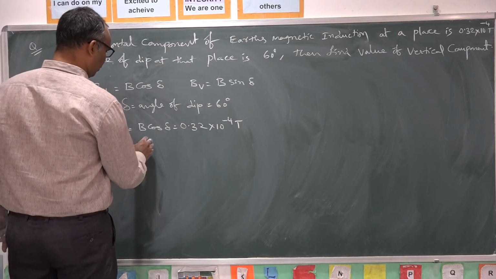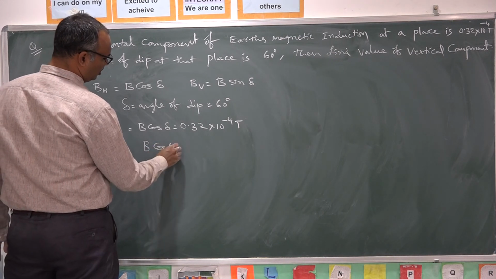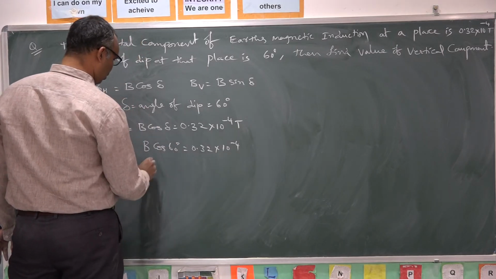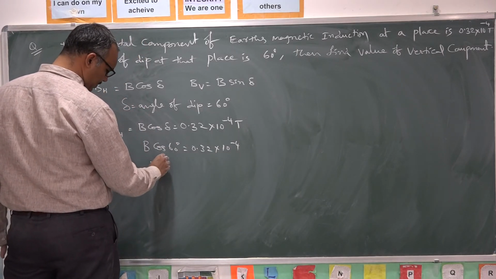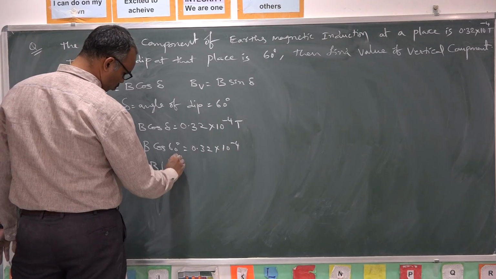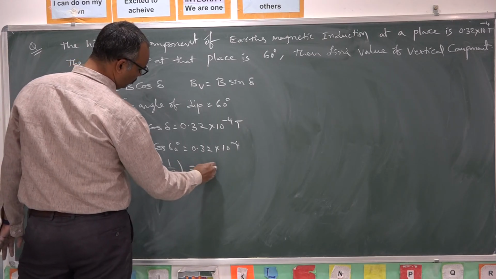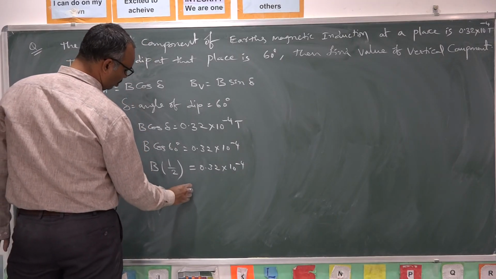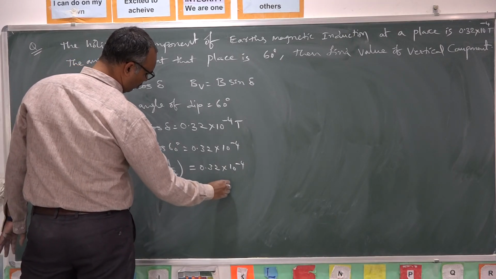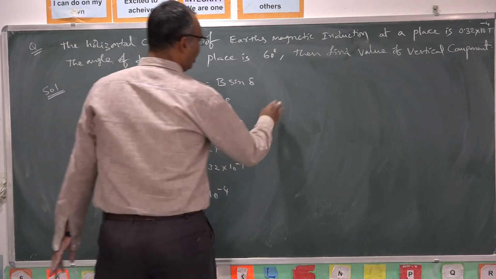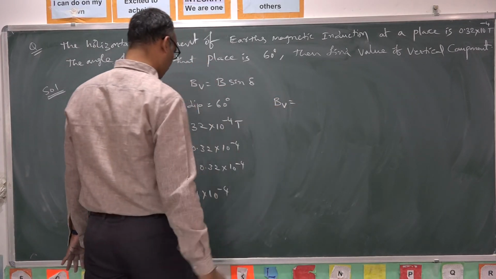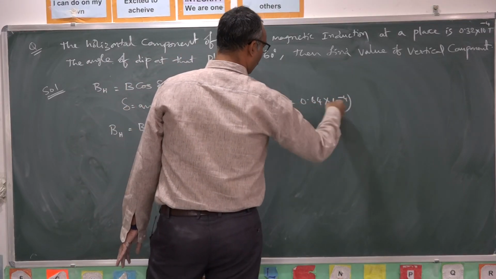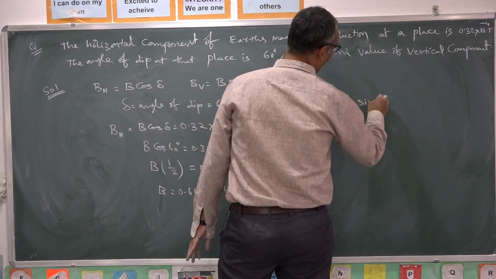Delta value is 60, so B cos 60 is equal to 0.32 into 10 power minus 4. So B into cos 60, which is 1 by 2, is equal to 0.32 into 10 power minus 4. Then B is equal to 0.64 into 10 power minus 4. Now we need the vertical component BV, that is 0.64 into 10 power minus 4 sin 60.